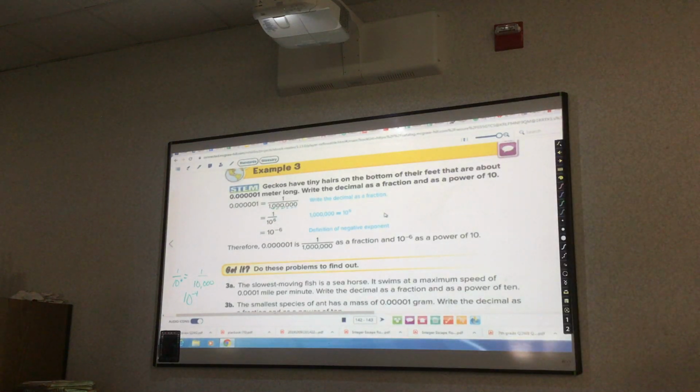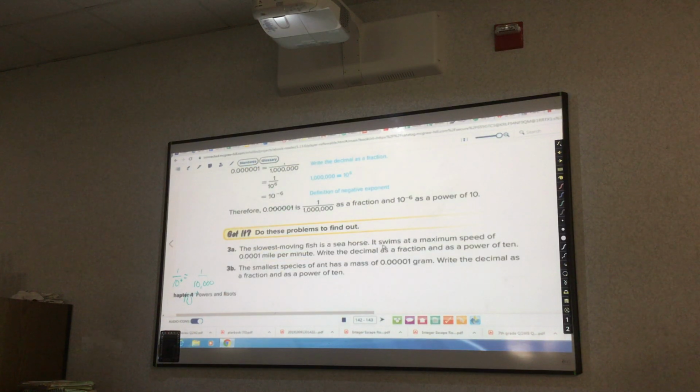The smallest species of an ant has a mass of, I'm not even going to read that out loud because you need to be able to read that. Write the decimal as a fraction and as a power of 10.